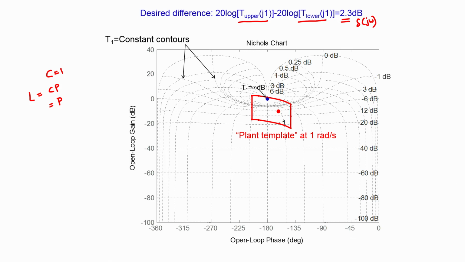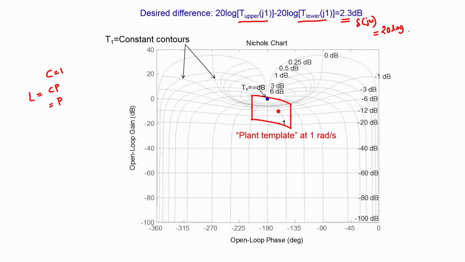Now how do we compute the values of the transmission functions T upper and T lower? Firstly, we note that the difference between T upper and T lower is essentially equal to the difference between T1 upper and T1 lower, because the transmission function T is equal to the pre-filter times T1.